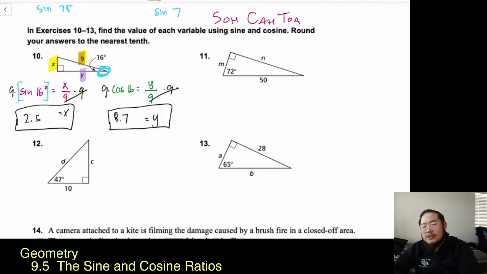And if you were to use the exact value, then you would be using 9 times sine 16 instead of 2.5. So when you're doing these problems, make sure you do not use rounded numbers to help find an answer for another side or angle. That would be very helpful for you.